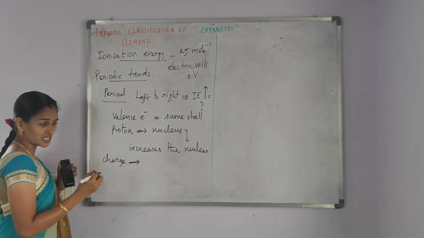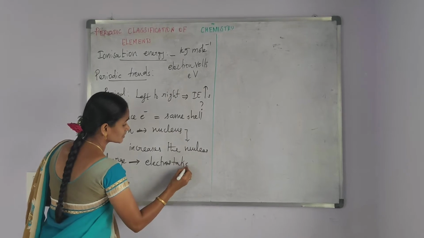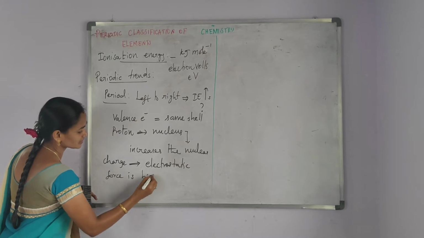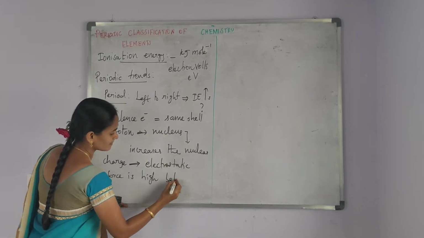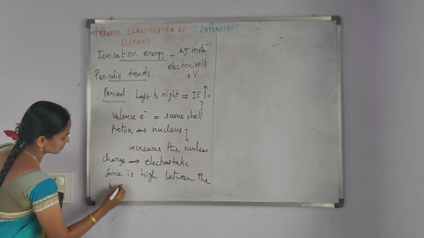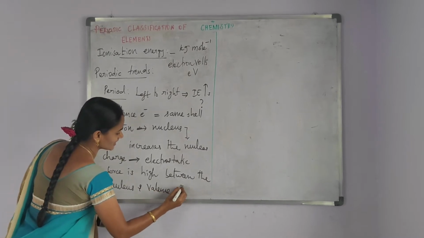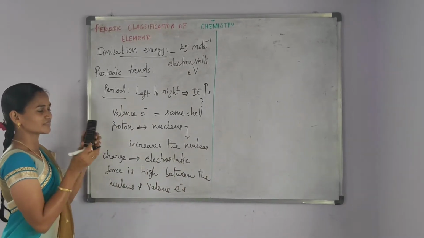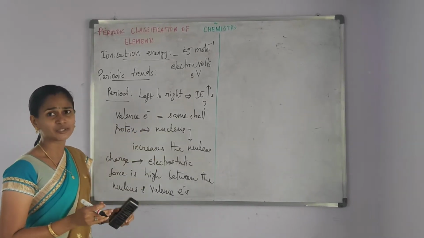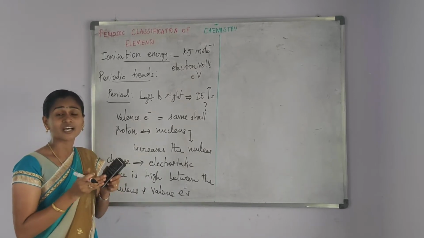Increase in nuclear charge leads to a high electrostatic force between the nucleus and valence electrons. I am repeating. Across the period, valence electrons are added to the same shell. At the same time, protons are added to the nucleus.